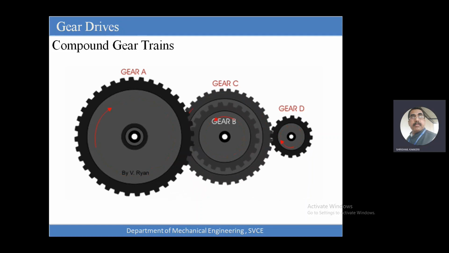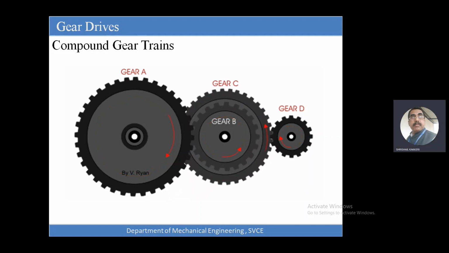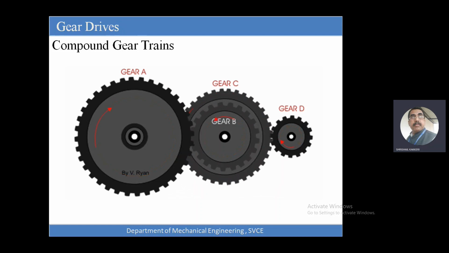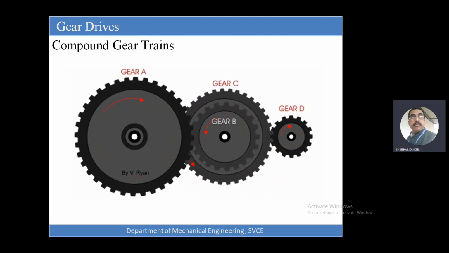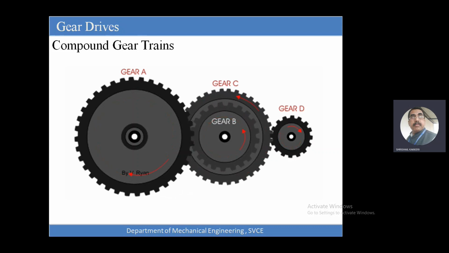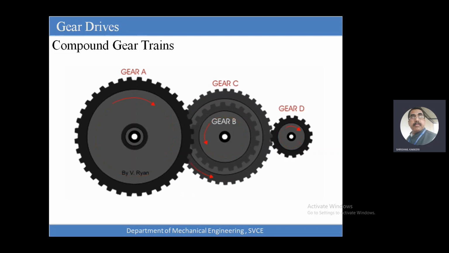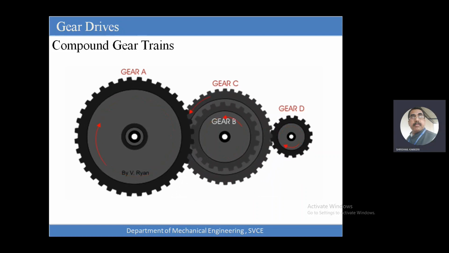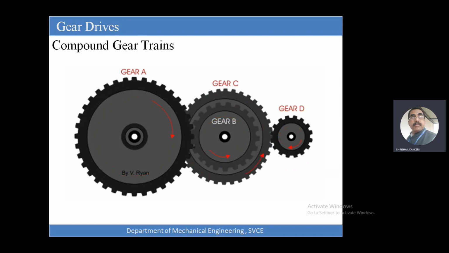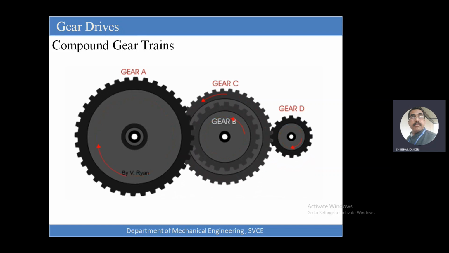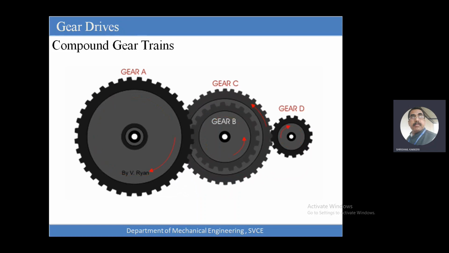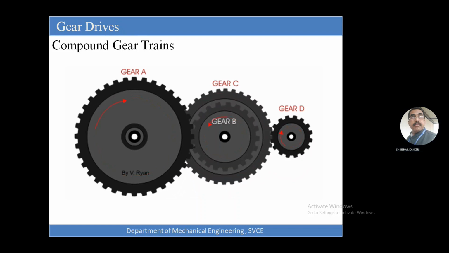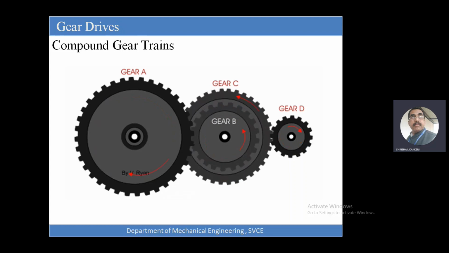Now here one can see this. The gears B and C are on the same shaft. Even though these gears have different diameters, the speed of these gears should be the same because they have been mounted on the same shaft. So the speed of the gear B and the speed of the gear C will be equal.